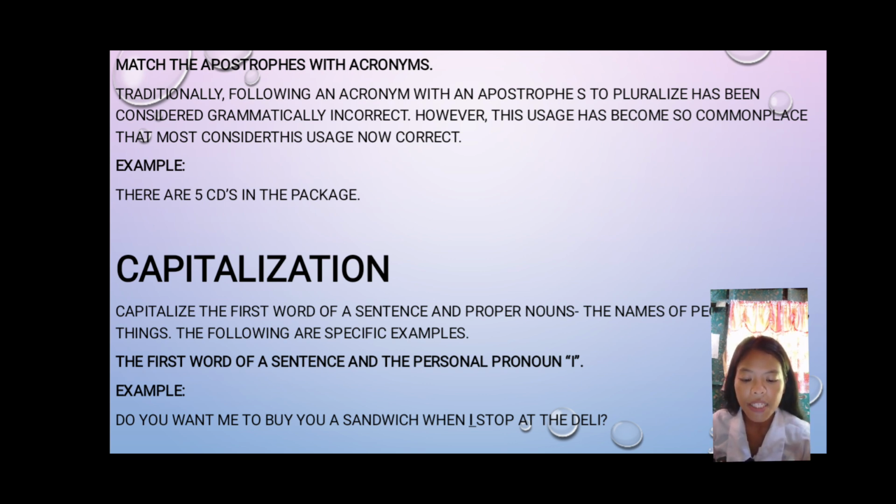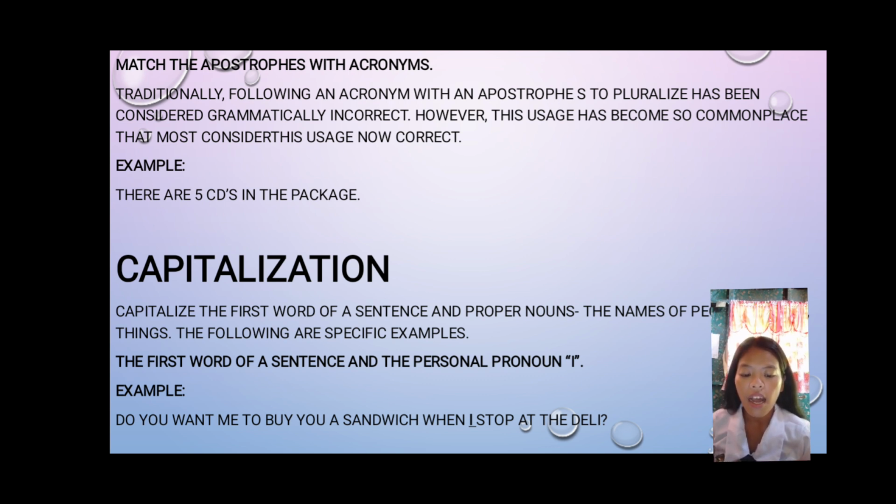Capitalization. Capitalize the first word of a sentence and proper nouns, the names of people, places, and things. The following are specific examples. The first word of a sentence and the personal pronoun I. Example, do you want me to buy you a sandwich when I stop at the deli?